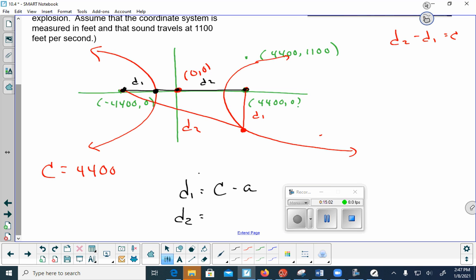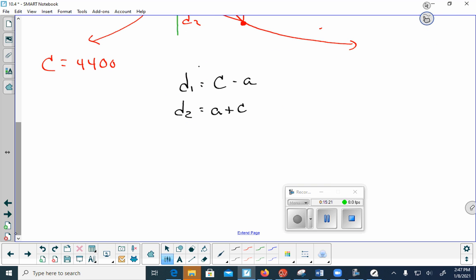D2 is going to be the distance from the point to the center, which is A, plus the distance from the center to the other foci, which is C. So when I take D2 minus D1, I'm going to take A plus C minus C minus A, and this is equal to my constant.